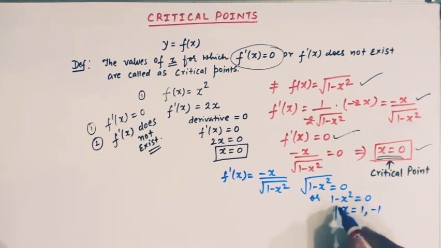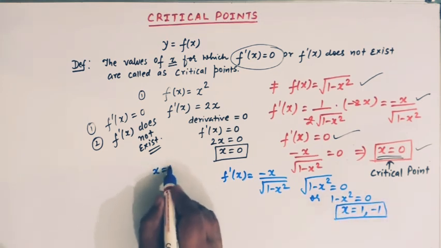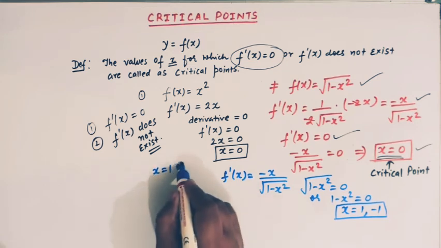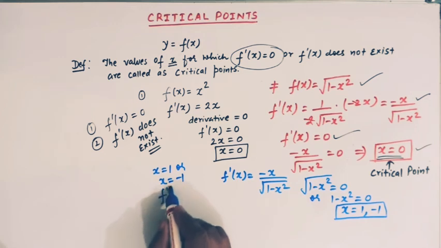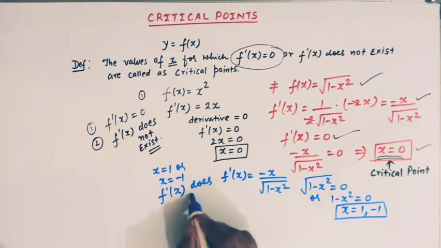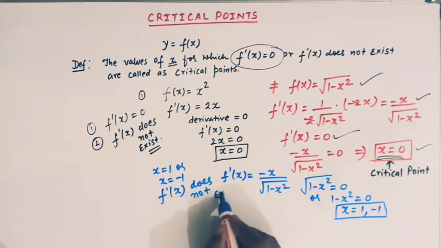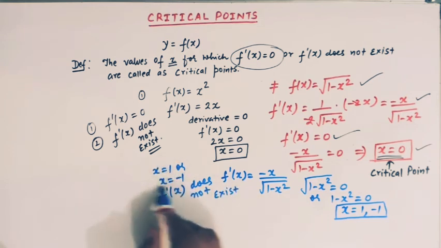So we arrive at the conclusion that whenever x is equal to 1 or x equal to minus 1, the derivative, that is f prime of x, does not exist, right? It does not exist at these 2 points.